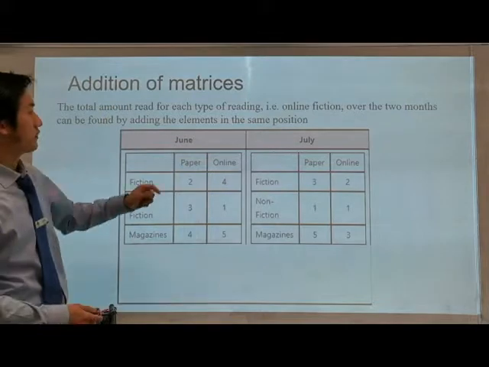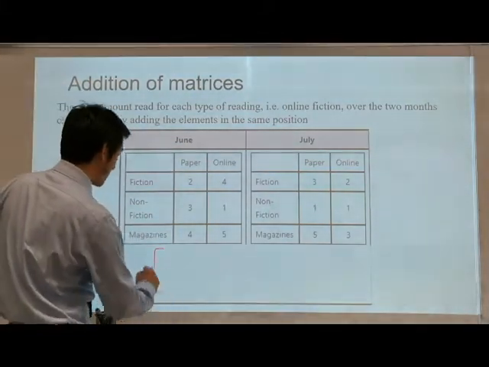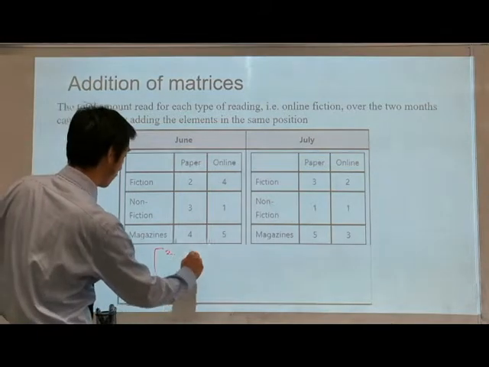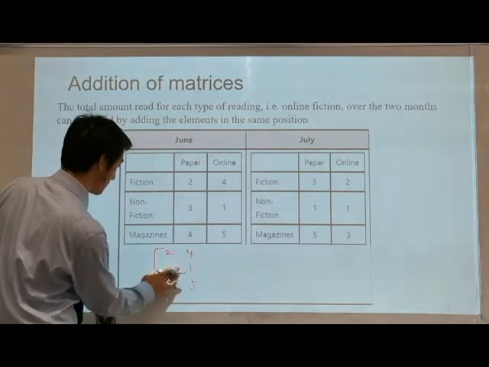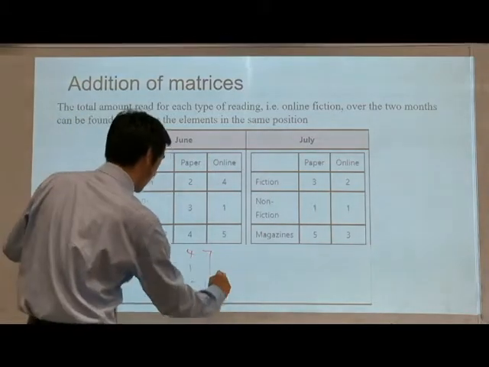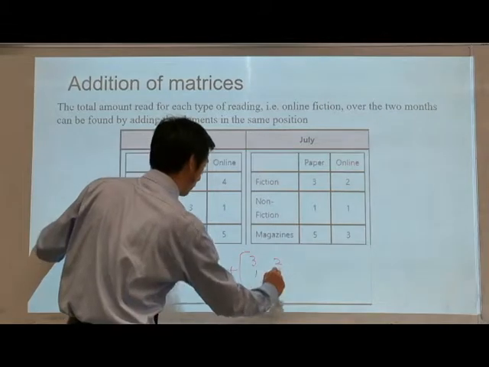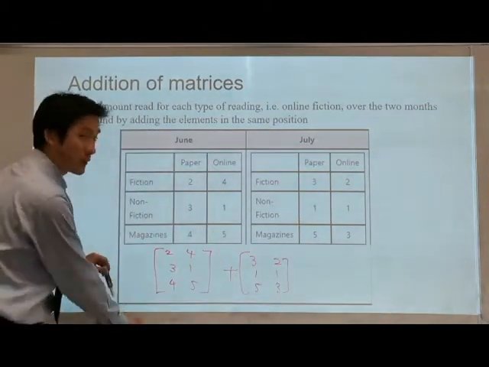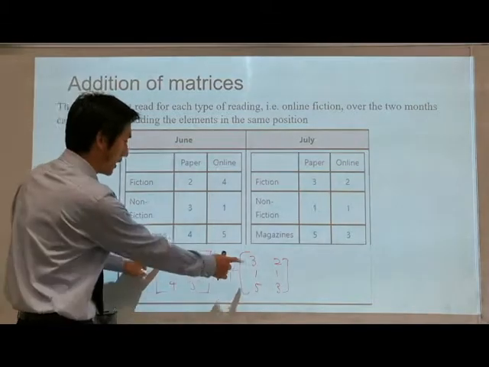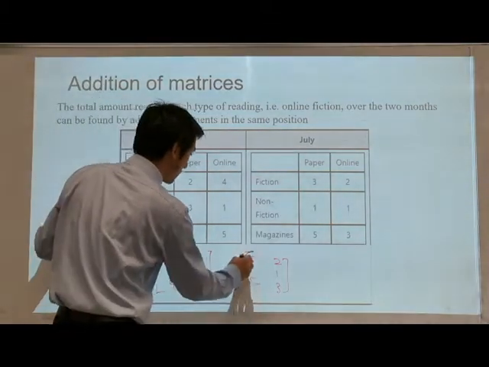To answer our question, in other words, the addition of matrices, we can perform that now. I'll rewrite the matrix down: 2, 4, 3, 1, 4, and 5. Let's make that a better 3. And we add 3, 2, 1, 1, 5, 3. So the way we add matrices is to add their corresponding elements or entries.